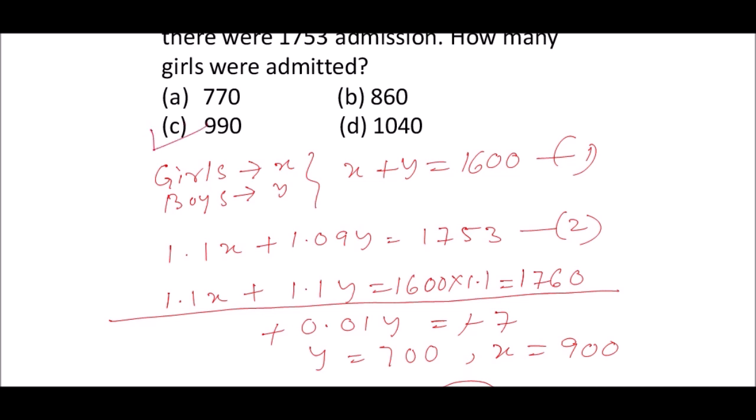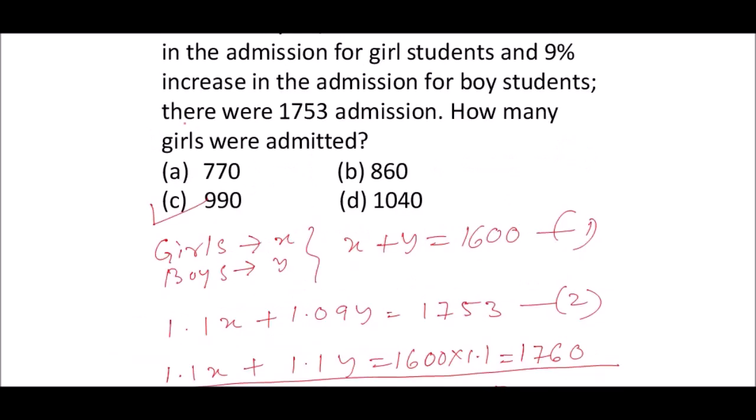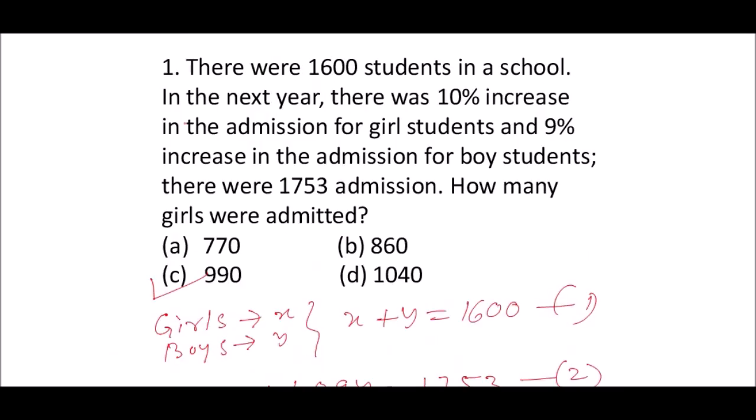Another thing you can see in this problem: you can solve it without pen and paper. If you consider both boys and girls with an increment of 10% in the next year, how much is it? 10% of 1,600 is 160. Add it and you get 1,760. But girls were 10% and boys were 9%.